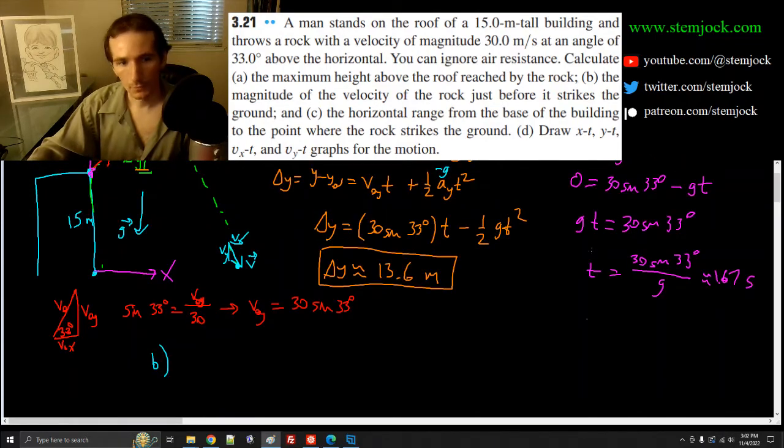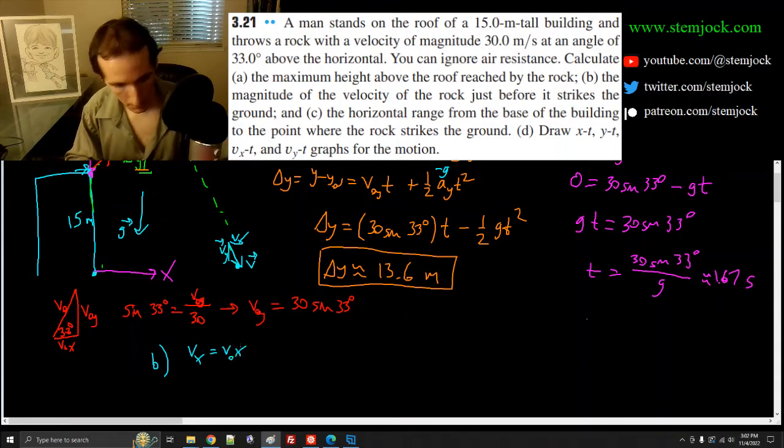So the magnitude, okay, so what is Vx? Because there's no air resistance, the horizontal component of velocity does not change. It's going to be V0x here and here. So Vx equals V0x. And from this triangle here, from the initial velocity vector, I take the cosine of 33 to get V0x.